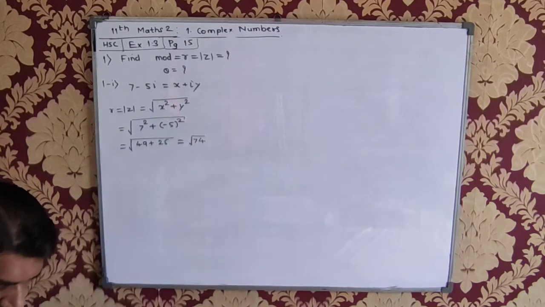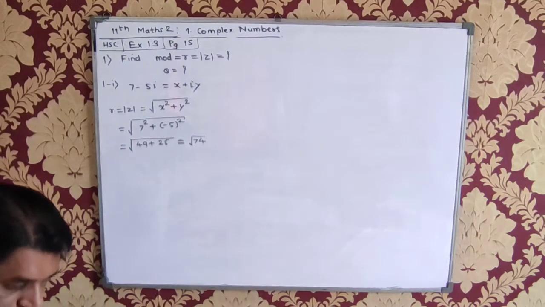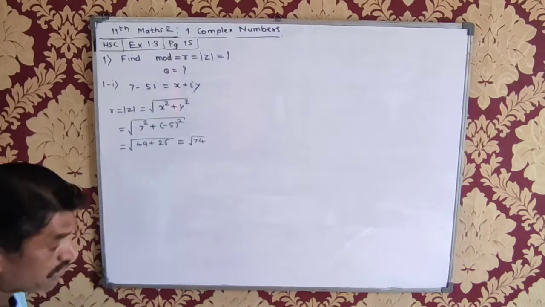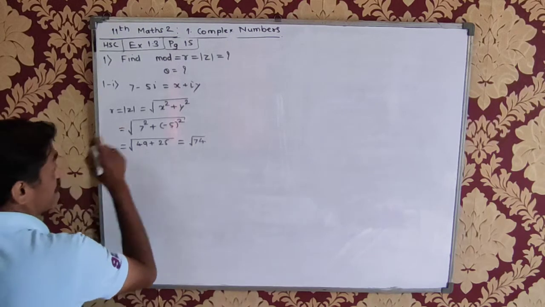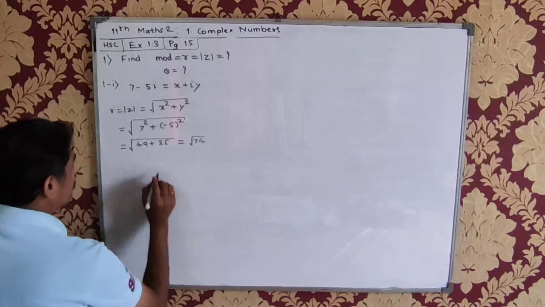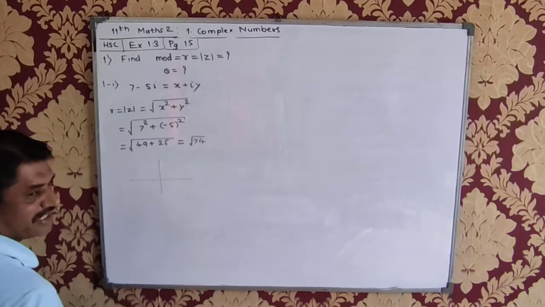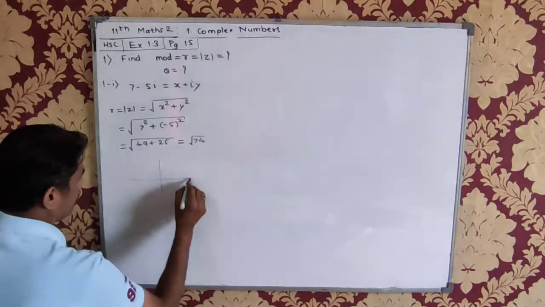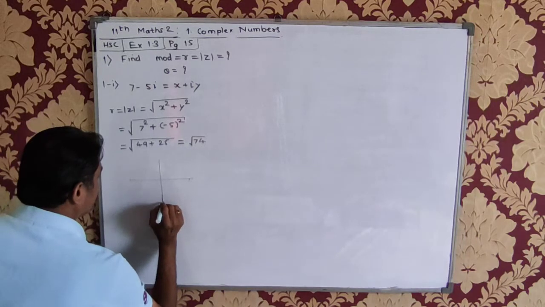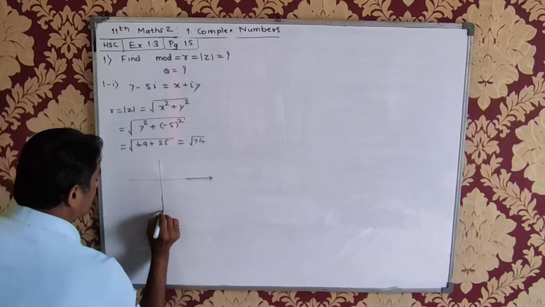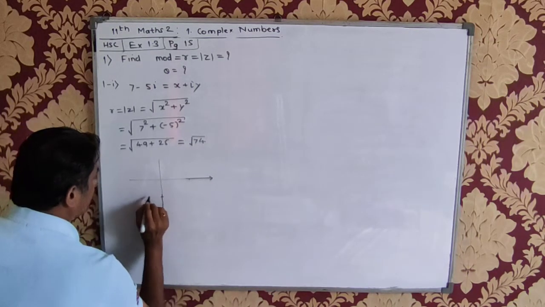Okay. Now the next thing they want us to find out is amplitude. For finding the amplitude, first of all we will find the quadrant in which this point lies. 7 and minus 5. We will always draw a rough sketch like this, and this is minus 5.